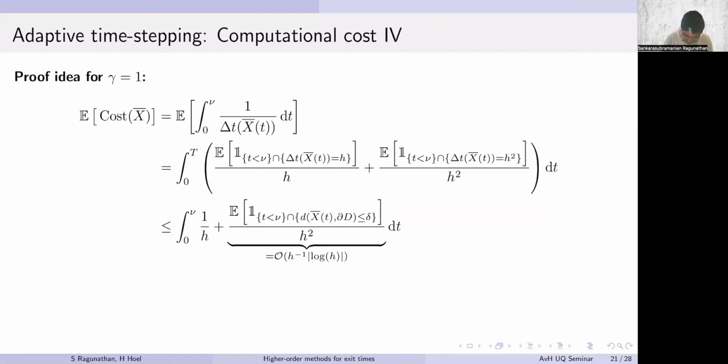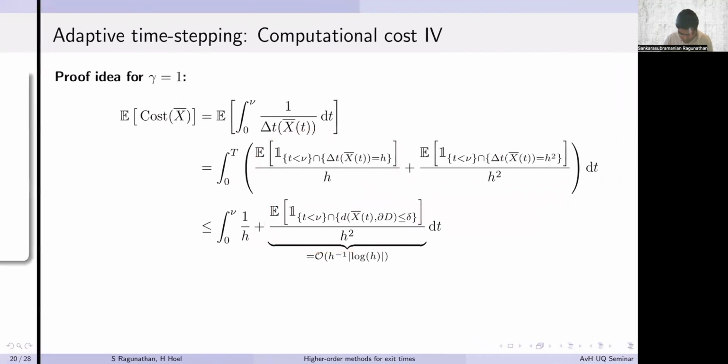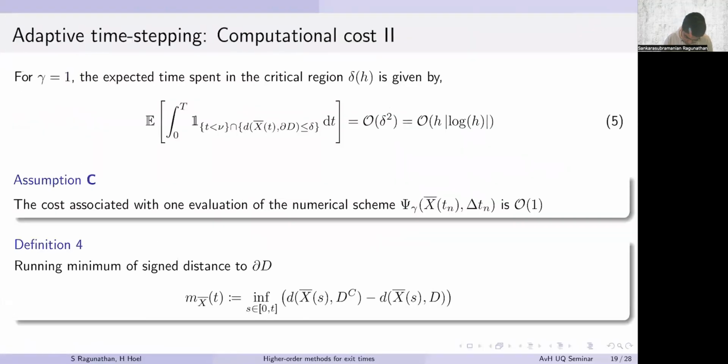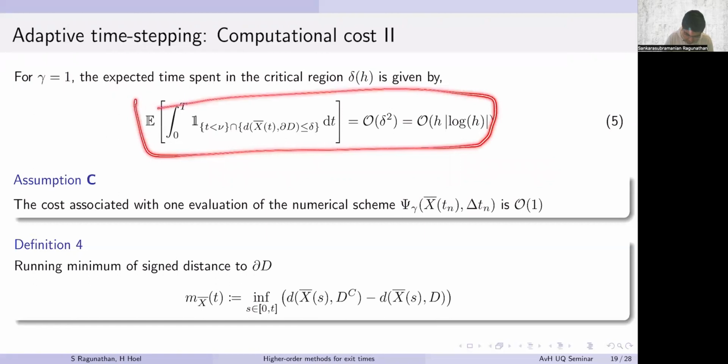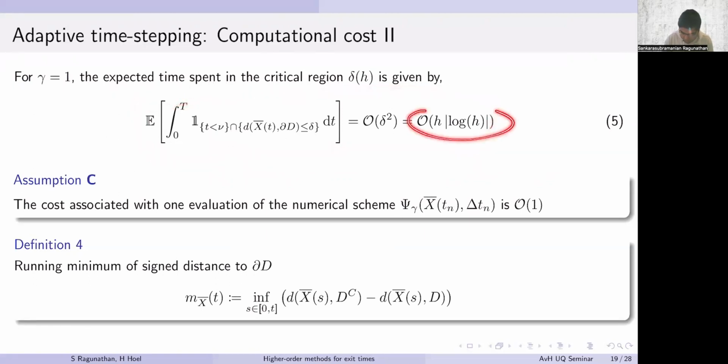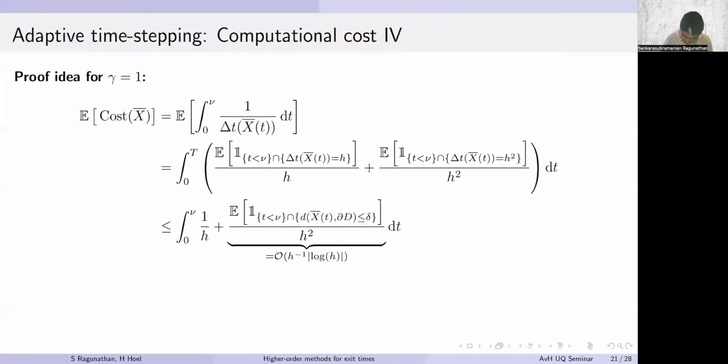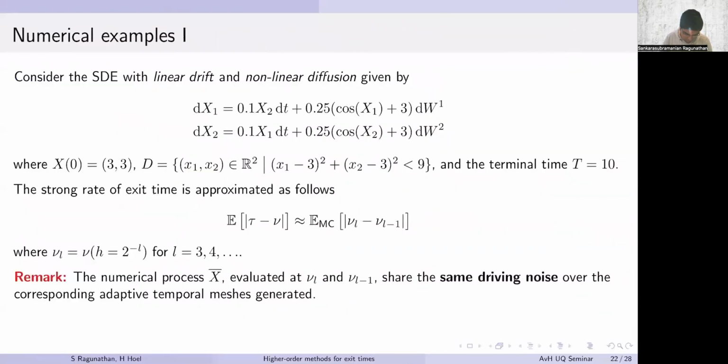And you can basically bound it from above by the fact that the first term here is going to be bounded from above by t over h. And the second term here relates to the occupation time, which was shown before in this slide, equation number 5. And we know that to be of order h log h. And since we have an h squared in the bottom here, the overall rate is going to be of order h to the power minus 1 log h. So this is the idea behind the computational cost.